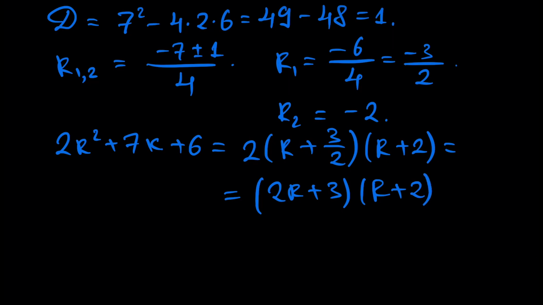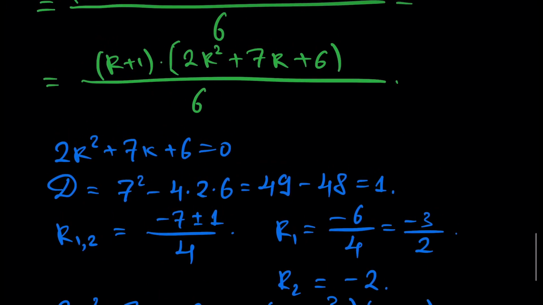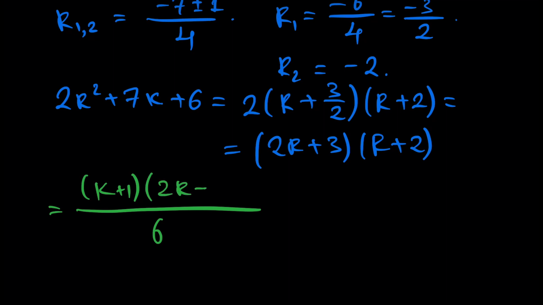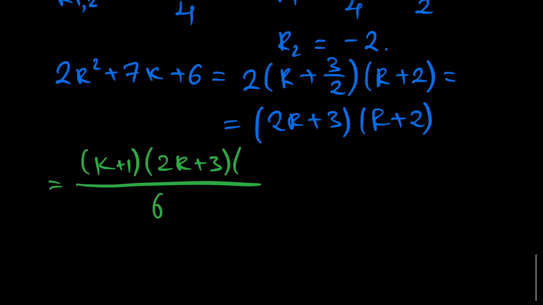And let's write, instead of this quadratic term, this term, and this will be equal to k plus 1 times 2k plus 3 times k plus 2. So is it our ultimate equality?